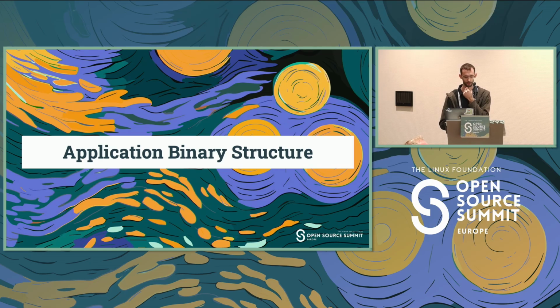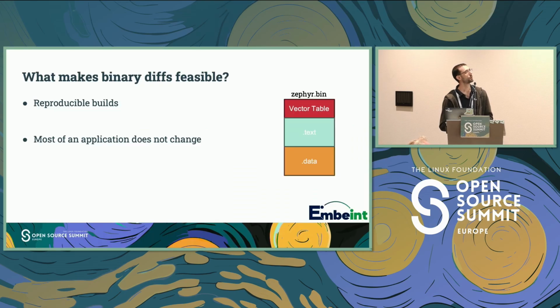So jumping a little bit to how CPatch works and what it's taking advantage of. What makes binary diffs feasible in the first place? Well, the first thing is reproducible builds. If you couldn't build the same application twice and get the same application image, then you have no guarantees that changing some small part would give you something that looks similar to the original.